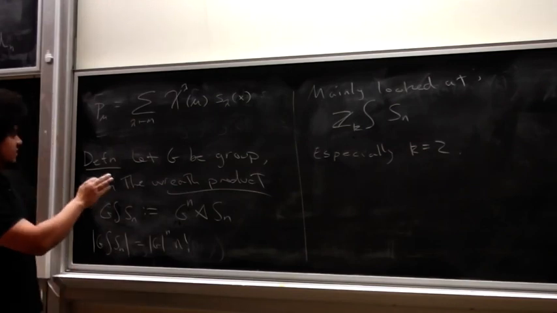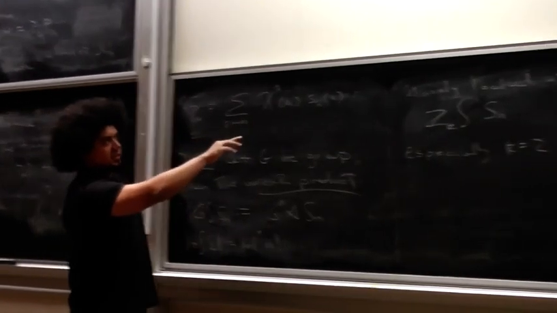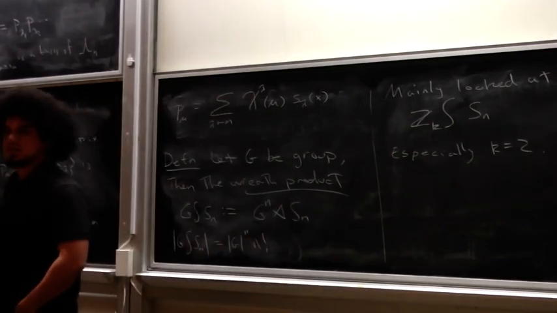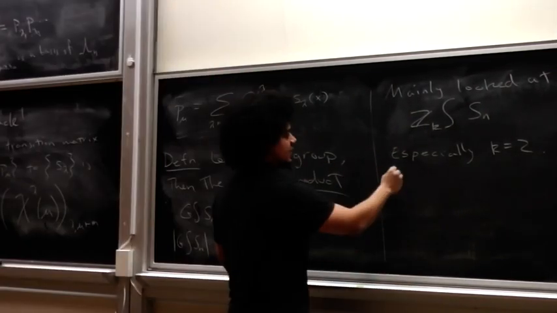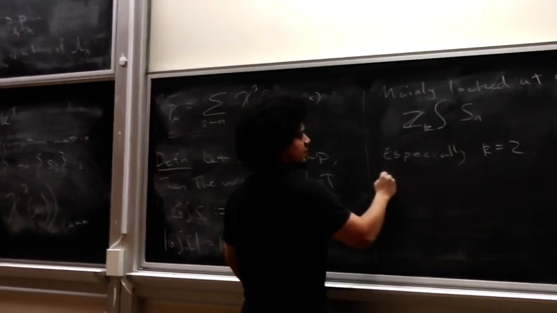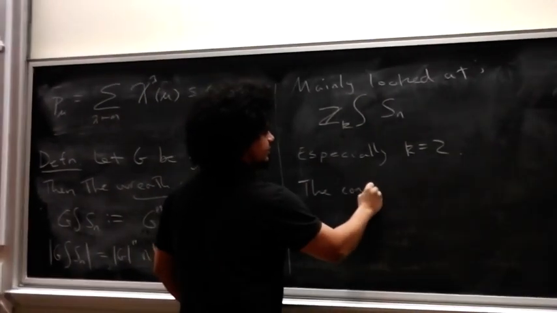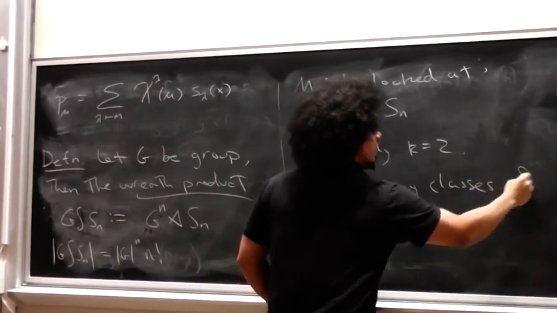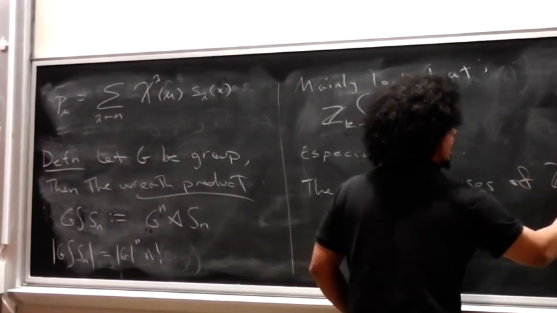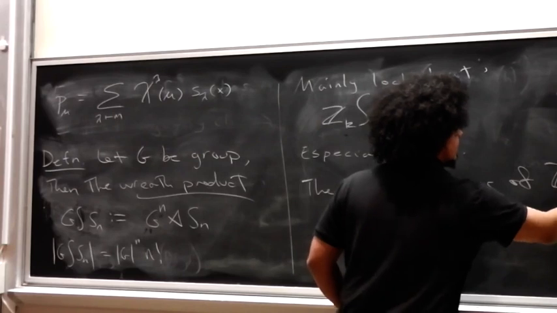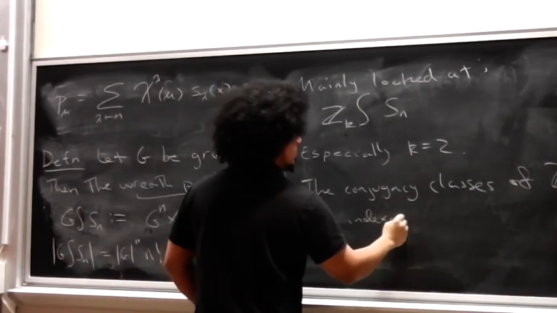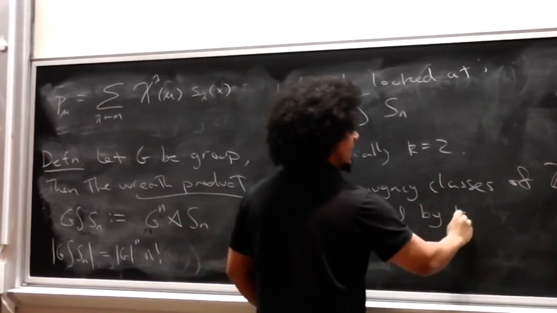First let me say, for these particular wreath products, we know what the conjugacy classes look like. The conjugacy classes of Z mod k wreath Sn are indexed by k multi-partitions.